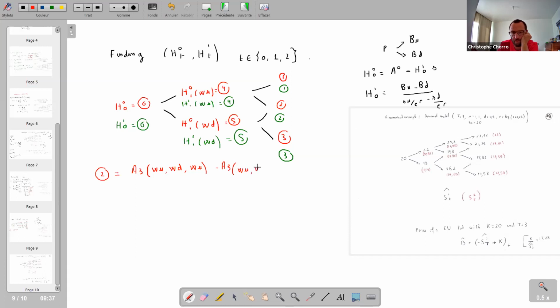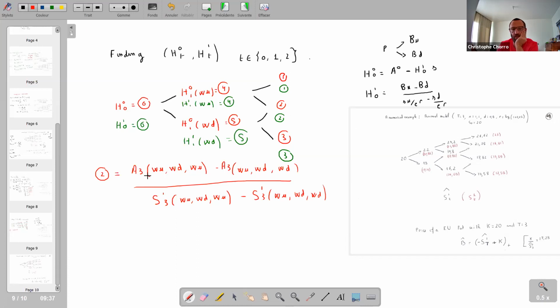So I have WU, WD, WD here over what? The difference of the actualized value of the risky asset, that is S1,3 WU, WD, WU minus S1,3 WU, WD, WD.